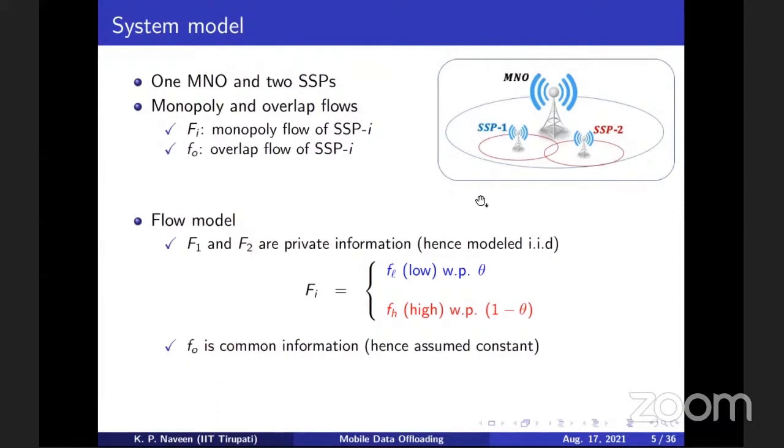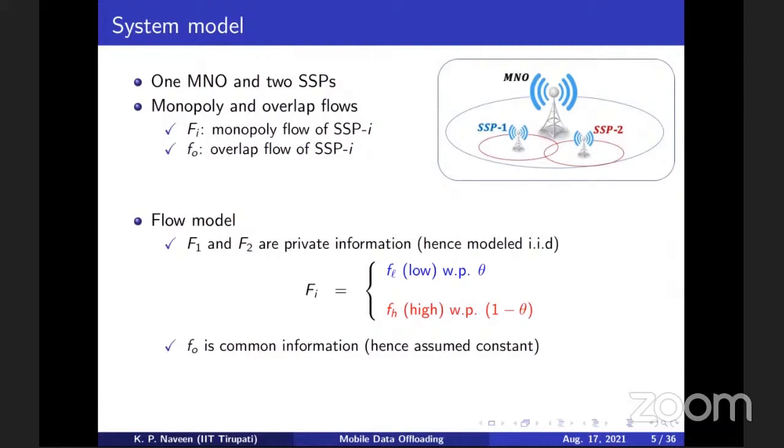So what is F0? F0 is the aggregate traffic generated by users in the overlap region, and I'll assume that it's common information, commonly known to both the SSPs. It can be arbitrary, but it's a constant. So this is the flow model.